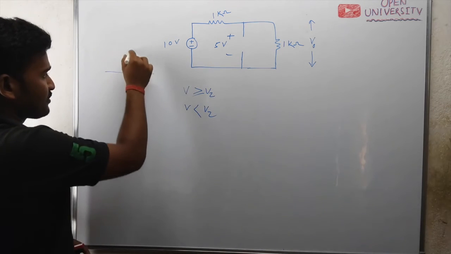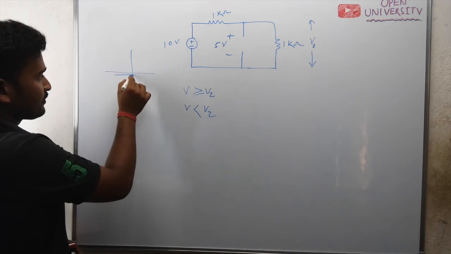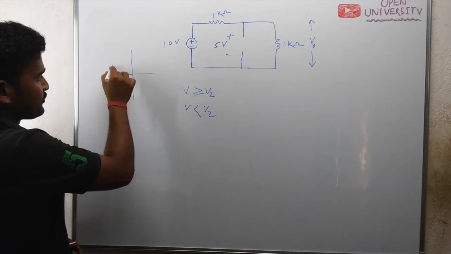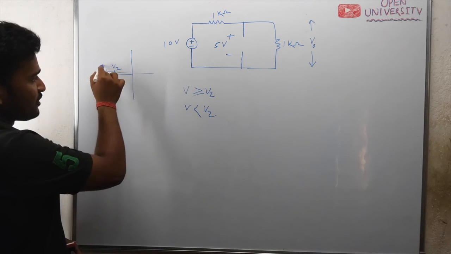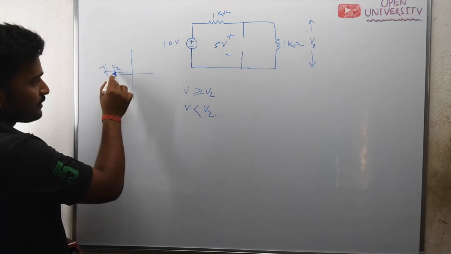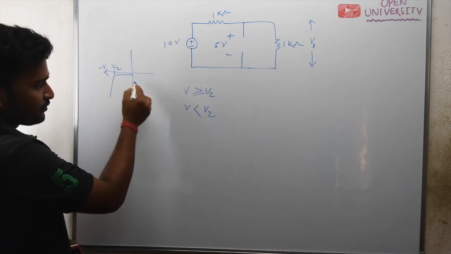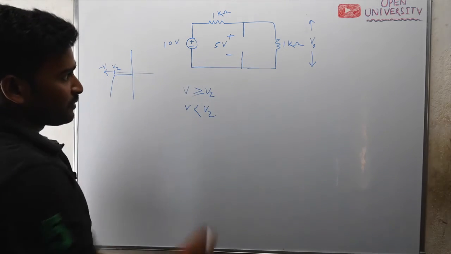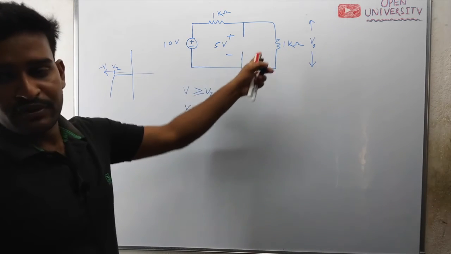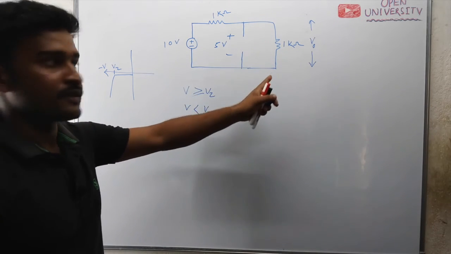By looking at the characteristics curve, this is your Vz. If the reverse voltage is less than Vz in this range, then the Zener diode will be in cutoff region, or off. The Zener diode will be replaced with an open circuit.